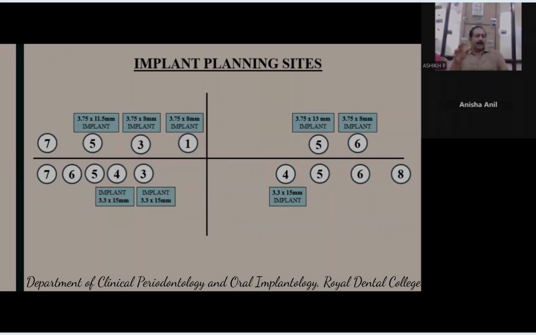A standard implant diameter between 3.75 and 4.25 is considered good, or rather sufficient enough to load in whichever area it is. But 8 millimeter is definitely a shorter implant.